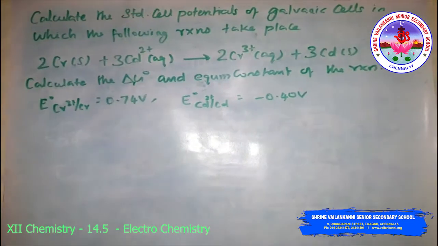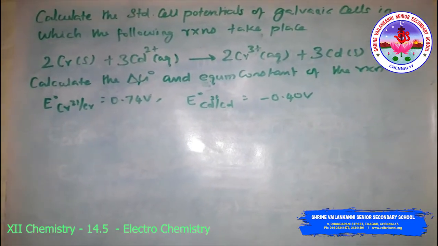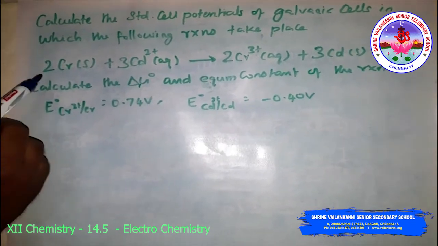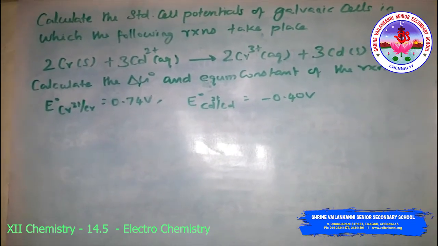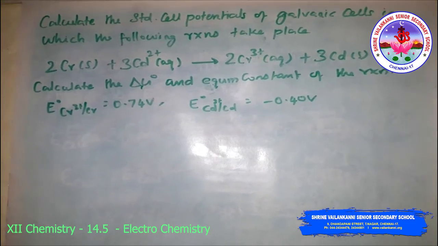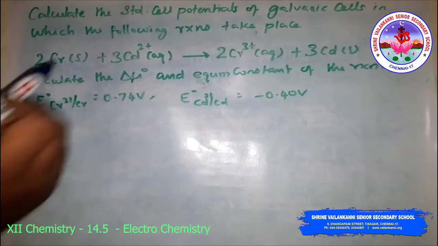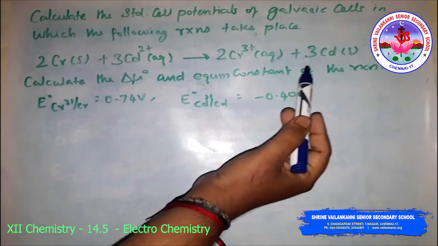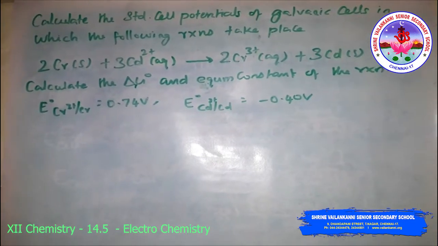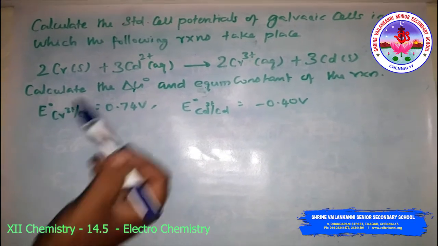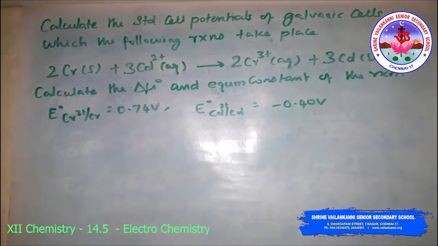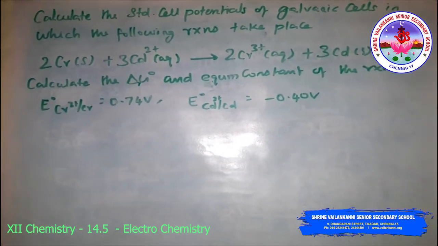Next problem: calculate the standard cell potential of the galvanic cell in which the following reaction takes place. The reaction is given here: 2 Cr solid plus 3 Cd 2 plus aqueous gives 2 Cr 3 plus aqueous and 3 Cd solid. Calculate the standard Gibbs free energy of the reaction and the equilibrium constant for the reaction.